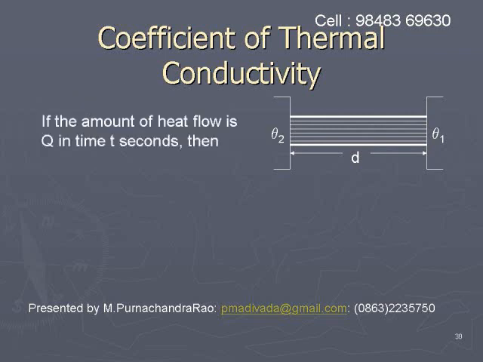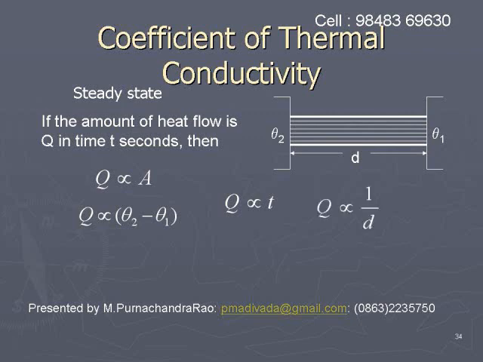In such a state, the heat flow is taken as Q in time t. In t seconds, the total amount of heat flow through the rod is say Q. Then the amount of heat Q is directly proportional to the area of cross section, directly proportional to the difference in temperature theta 2 minus theta 1, directly proportional to the time for which the heat flow takes place, and inversely proportional to the length of the rod.